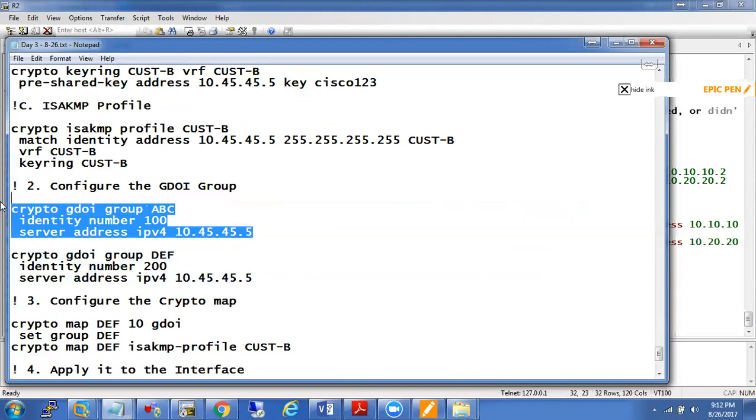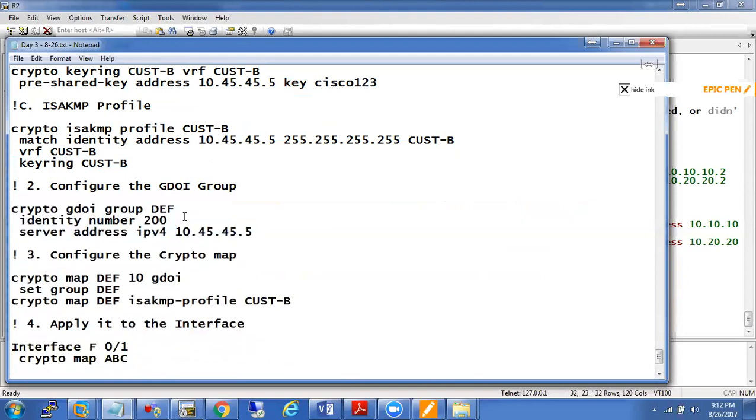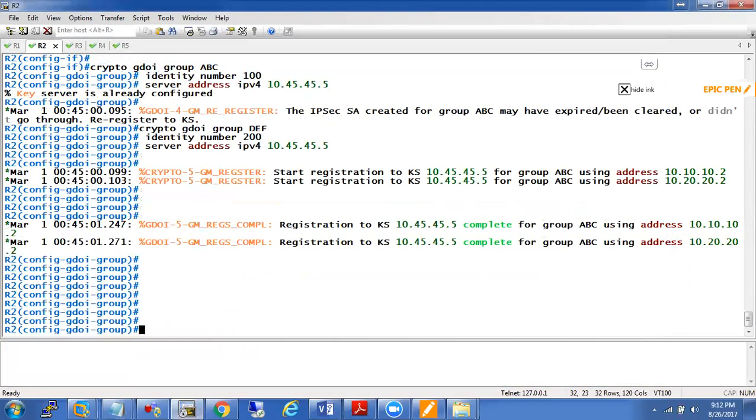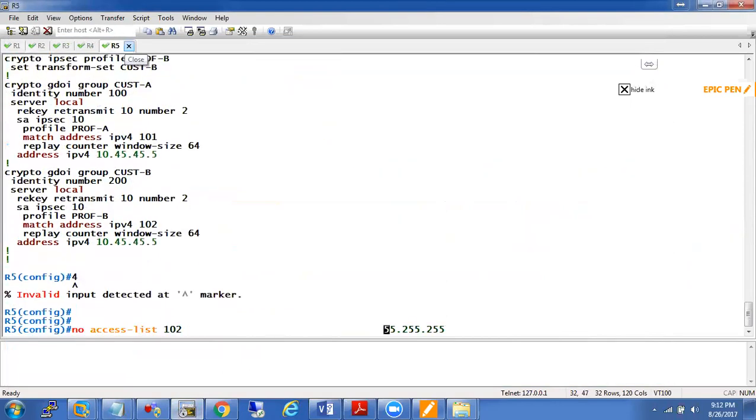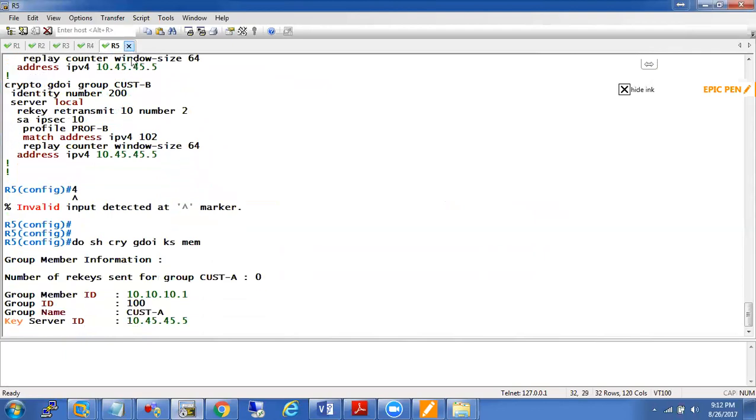It had to be DEF because my 100 was ABC. DEF is 200. Now if I go back over here onto R5 and take a look at my registrations, do show crypto GDOI KS members.